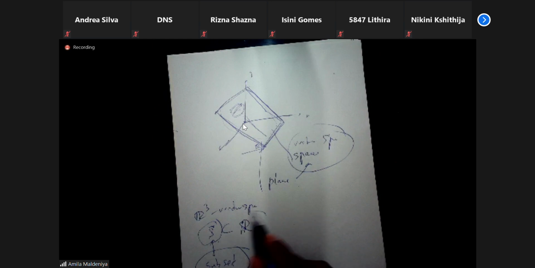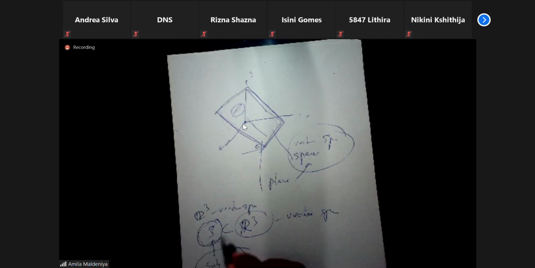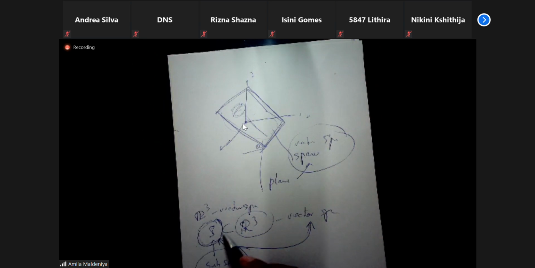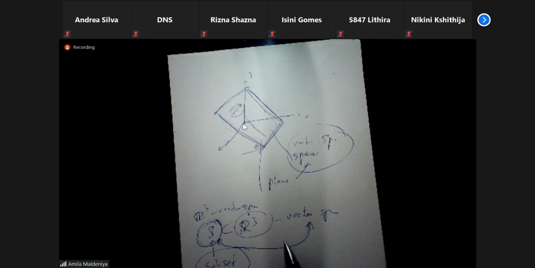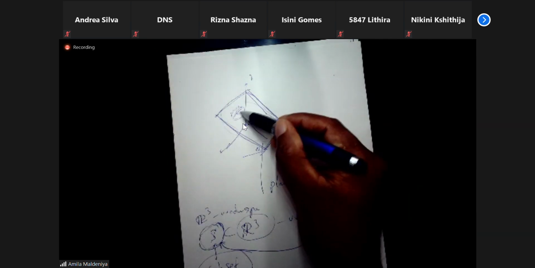R3 has a vector structure, it is a vector space. In a vector space, we may sometimes find a subset that has the same vector structure, the same vector space. So that subset also behaves like a vector space. For example, this plane is a subspace.